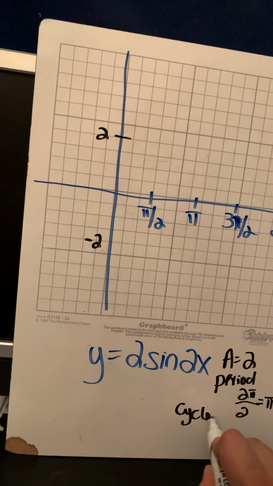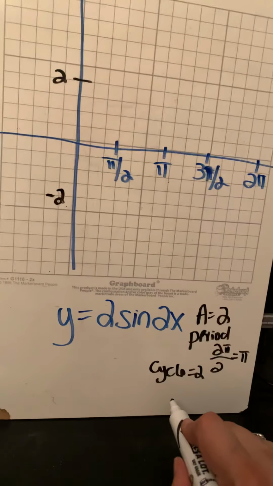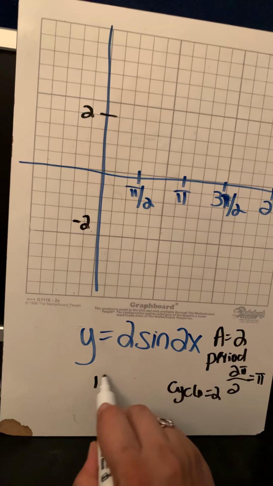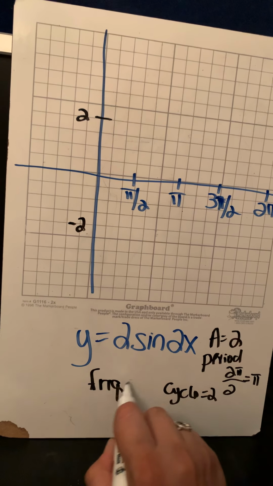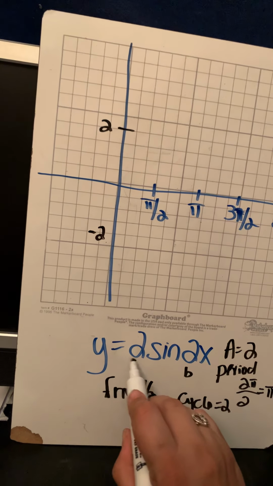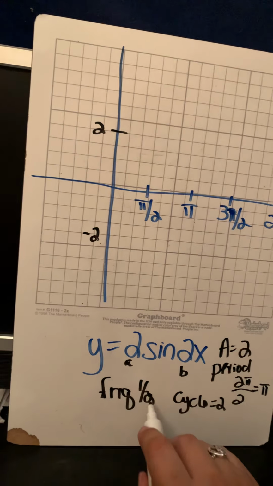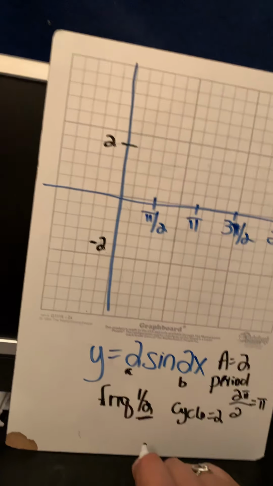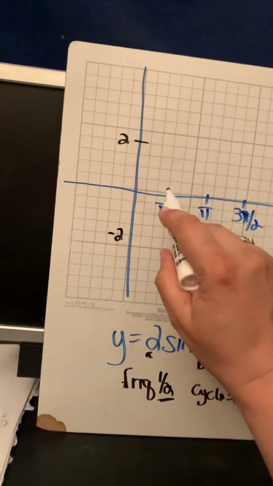Cycle is 2. And your frequency is 1 over 2, because this is your B and that's your A. So this is why I say this is important. These are my main points.